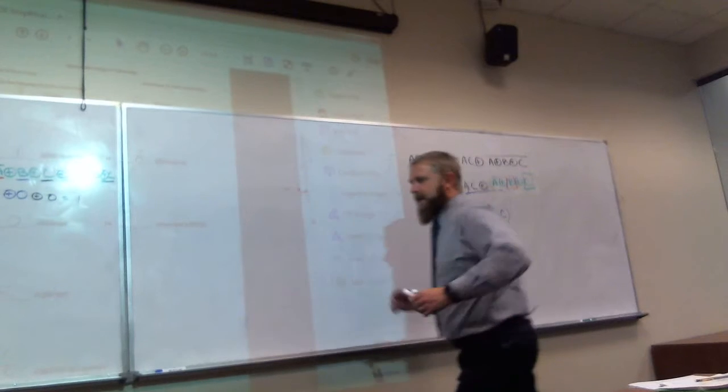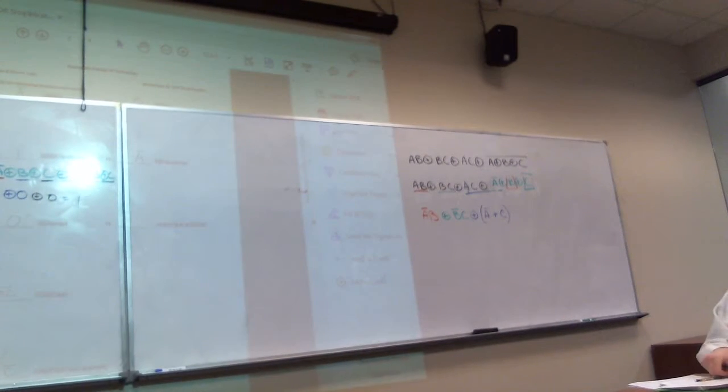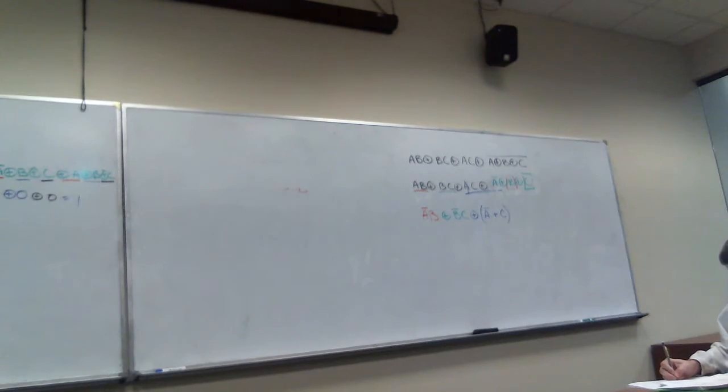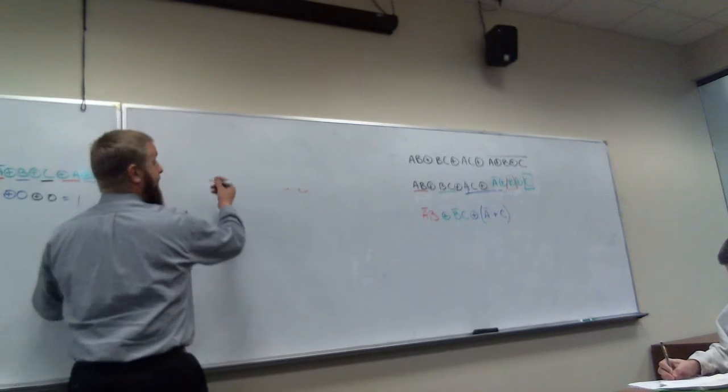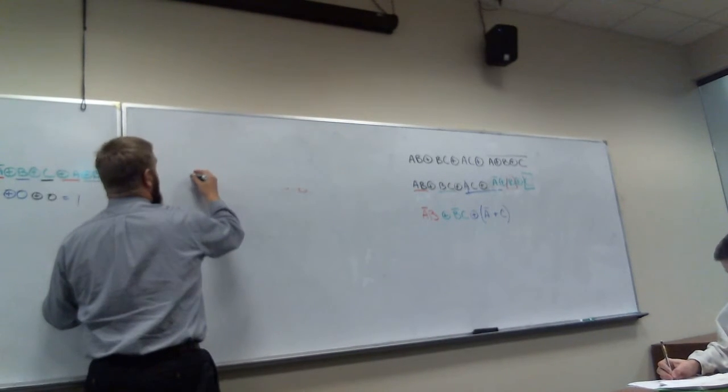For example, let me show you another answer we could have gotten. Let's say we make the same choice of using A not.